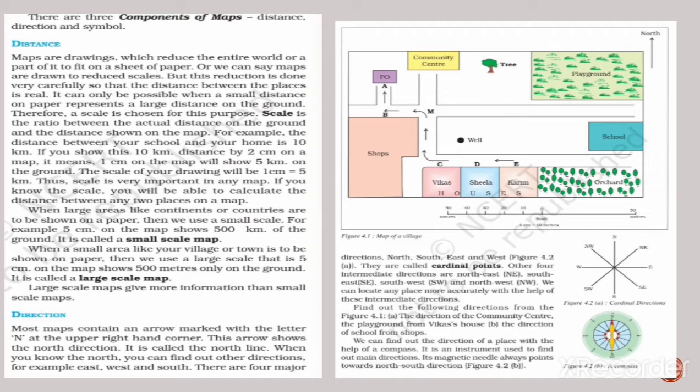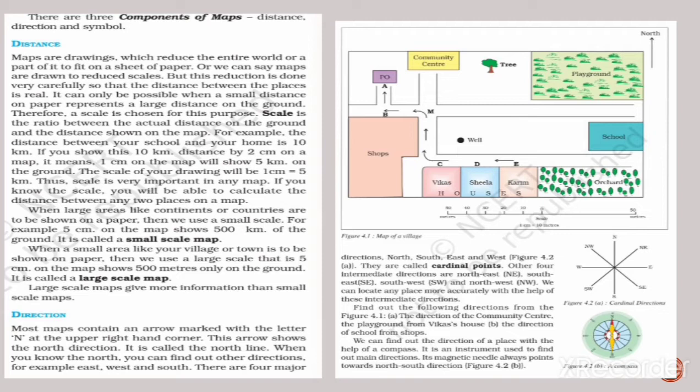It means in reality the area will be in kilometers, but when coming to the map it is shown in centimeters. This is what we mean when we say maps are drawn to reduced scales.